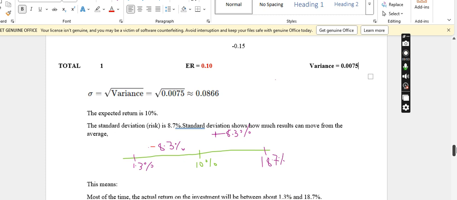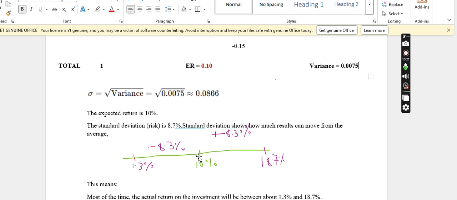As we said, standard deviation is about how far your actual return can be from your expected return. If you look at this diagram I drew here, our expected return is 10%. This is what we expect to get when we invest in CR1 corporation.